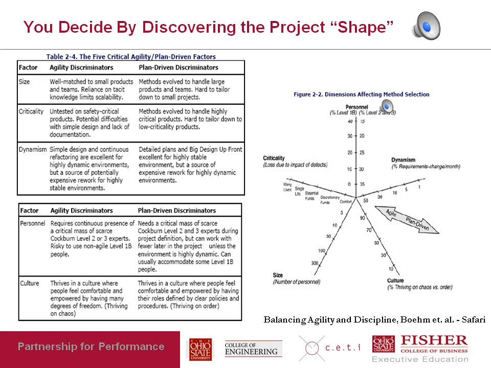The third axis is the culture of the organization, whether it's a culture that is comfortable with change or is resistant to change. The fourth dimension is the size of the organization, whether you have a few developers or a small team, or a large team with tens or hundreds of developers.